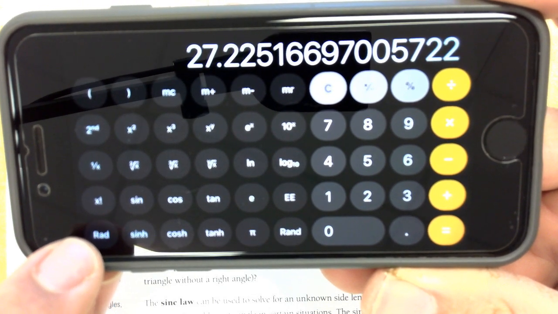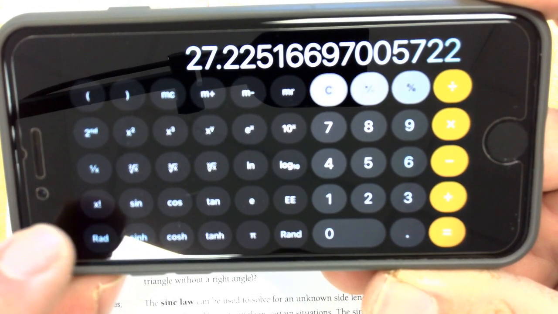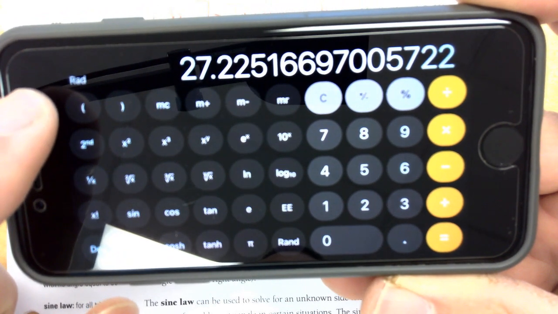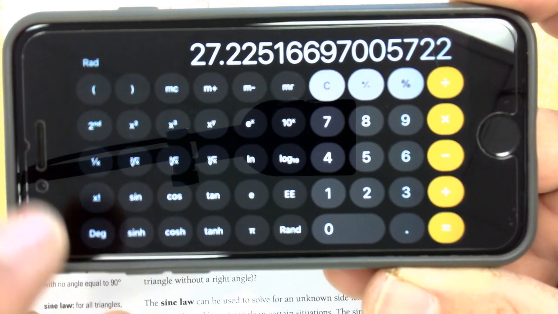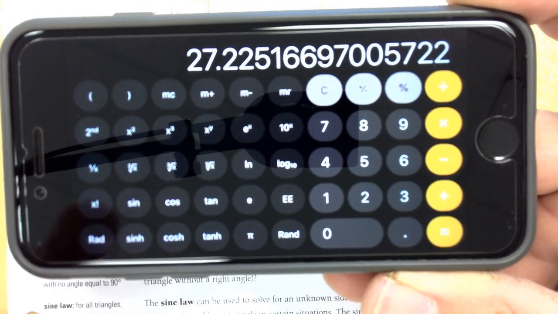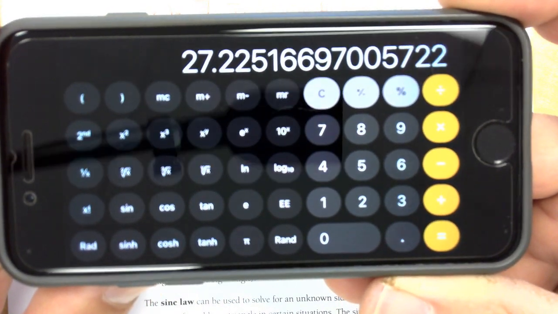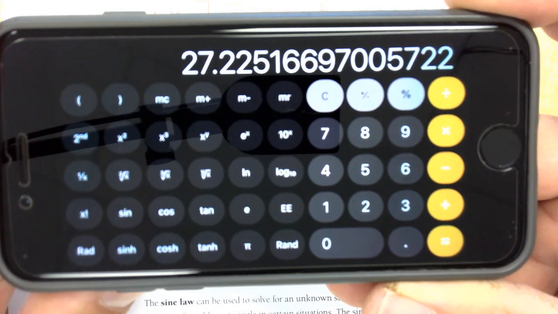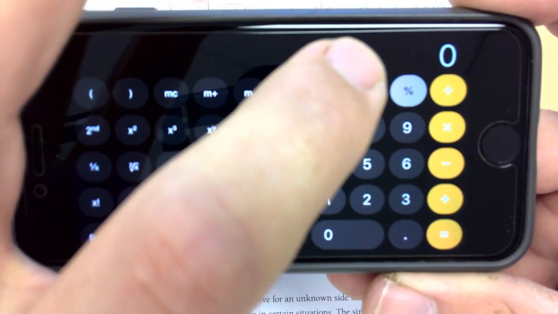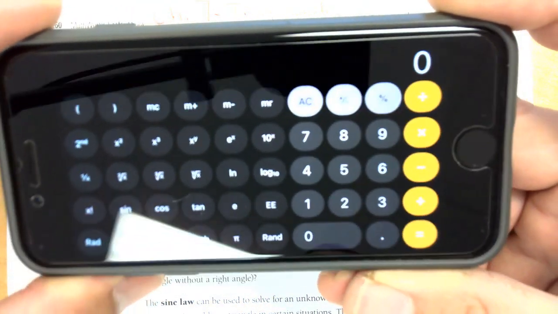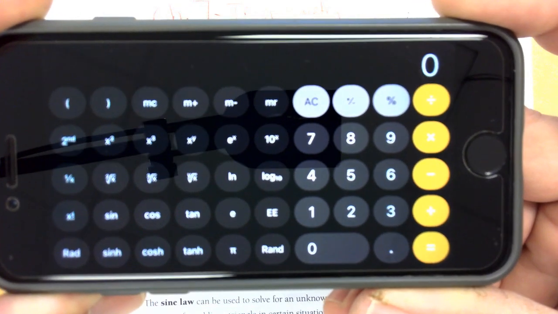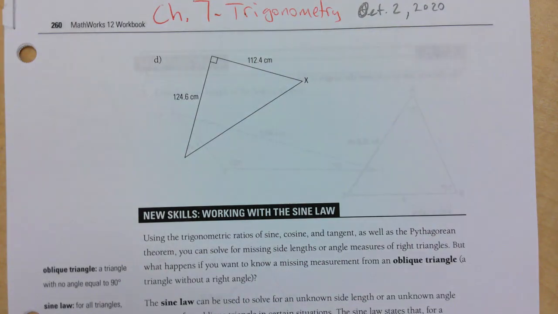So rad, that's for radians. If you press that, you will see radians on there. You don't want radians, you want degrees. So you press the degree button again, and then nothing should show up. So this is what you should see, okay? And I will show you how to use this. It's different, it's more complicated, but it can be done, right?